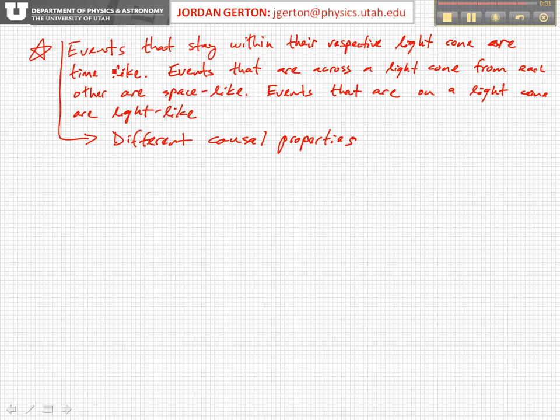For example, events which are space-like cannot be causal. That is, one event cannot have caused another, because in order to do so, the information going from one to the other must travel faster than the speed of light. Since that can't happen, we know that one cannot have caused the other. And so the different causal properties are important.